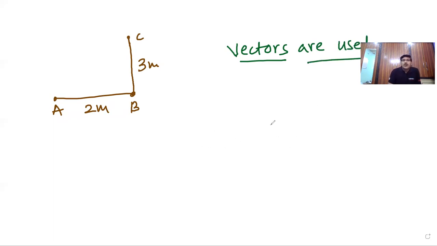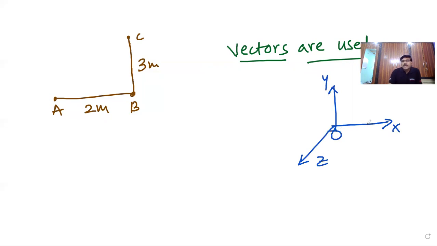Now observe, when you are using vectors, this is the general direction. This is the x-axis, this is the y-axis, this is the z-axis.